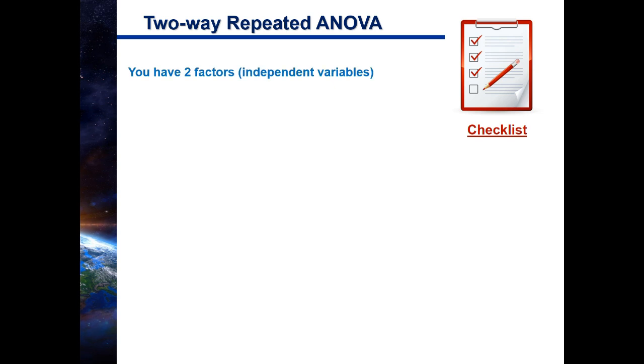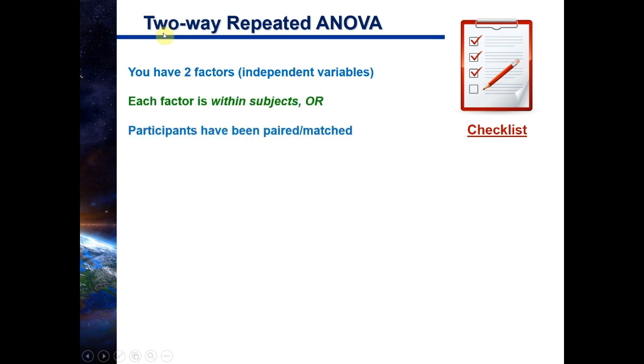First of all, you have two factors, independent variables. What gives that away? Two-way. This two means you have two factors, okay? Now, because it's repeated, it means that either each factor is within subjects or one or both factors have been paired or matched, all right?